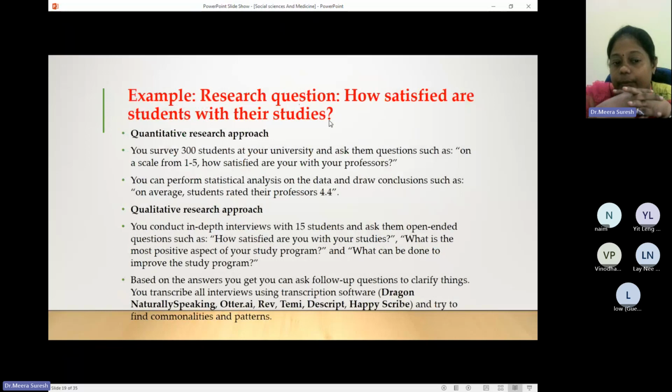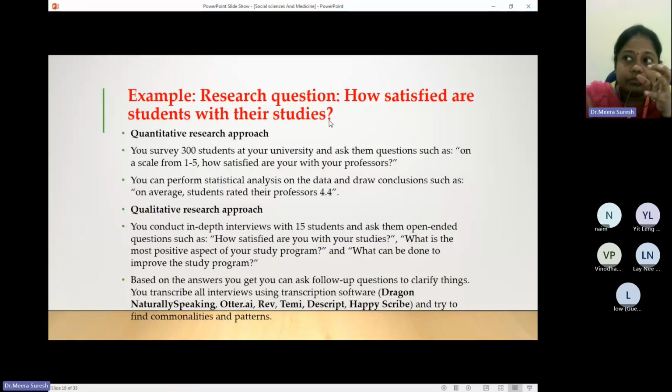And if it is a qualitative approach, you are going to conduct in-depth interviews and see the numbers also. In the case of quantitative, you are going for a large number of samples, 300 or even more. But when it comes to in-depth interviews, because it collects lots of words, even one person's interview, you're not going to write it down. You're of course going to record it.